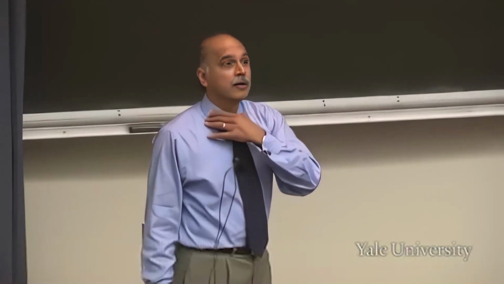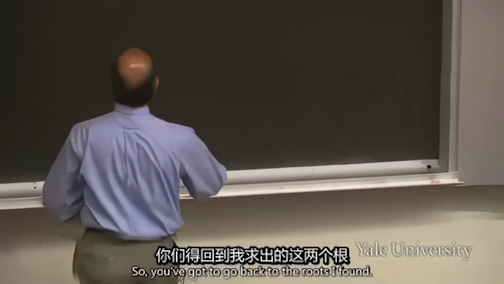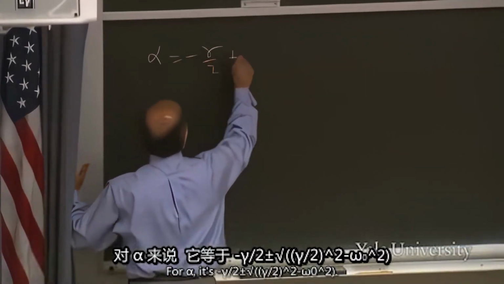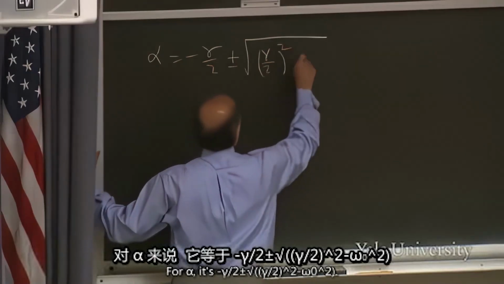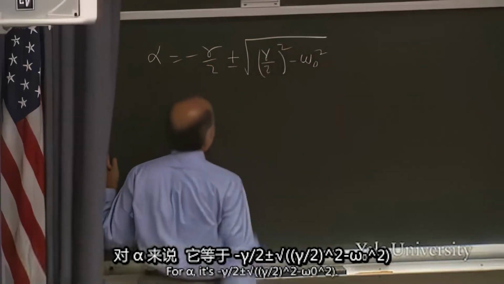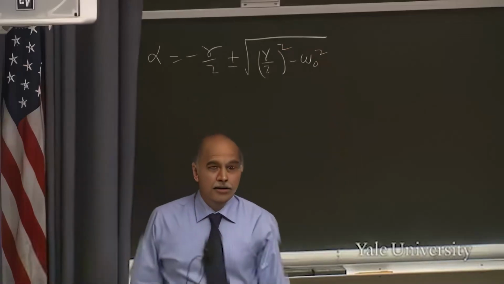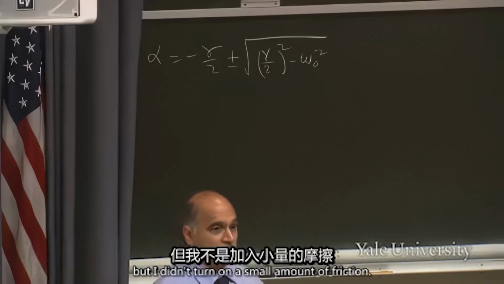Yes? That's correct. So you've got to go back to the roots I found for alpha. It's minus gamma over 2 plus or minus the square root of (gamma over 2) squared minus omega naught squared. I had taken gamma over 2 to be bigger than omega naught. So what I did was I turned on friction, but I didn't turn on a small amount of friction.